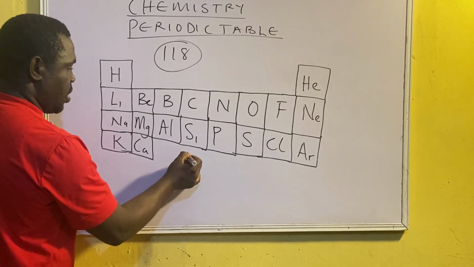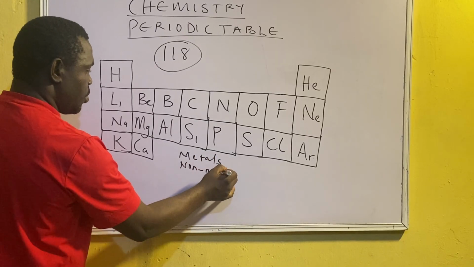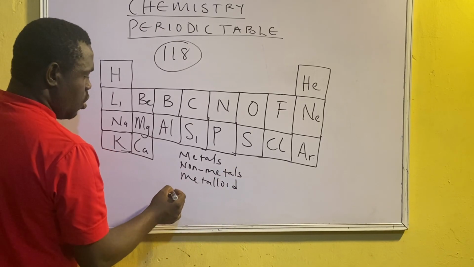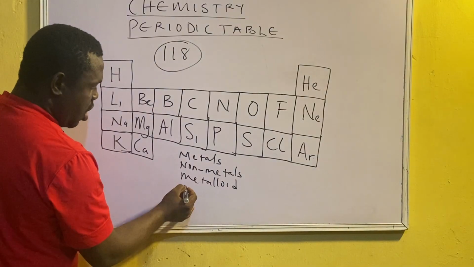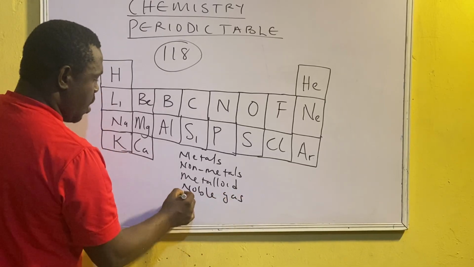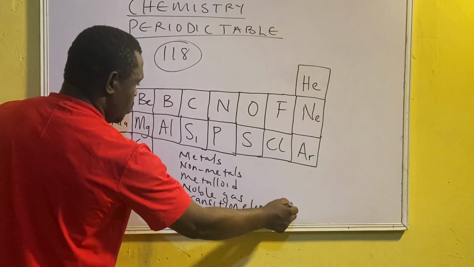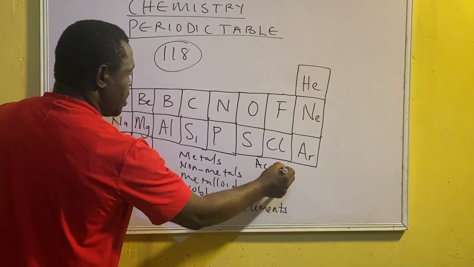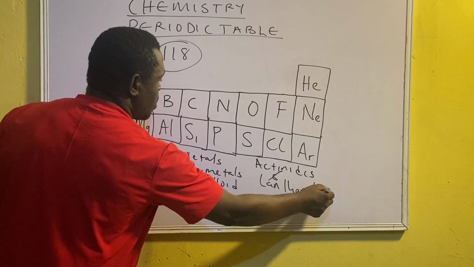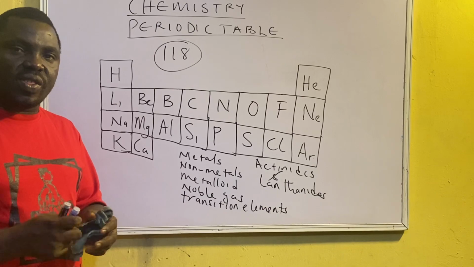You have the metals, the non-metals, the metalloids, the noble gases, the transition elements, the actinides, and the lanthanides. The actinides and lanthanides are what we call the inner transition elements.